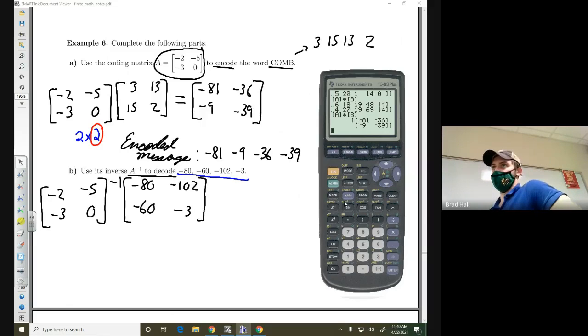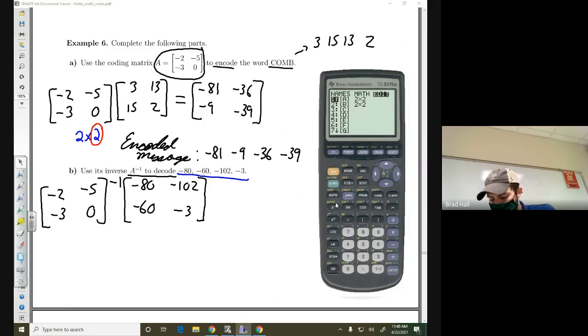So we have a new matrix to program into the calculator. So matrix B is now a 2 by 2 matrix consisting of -80, -102, -60, and -3.